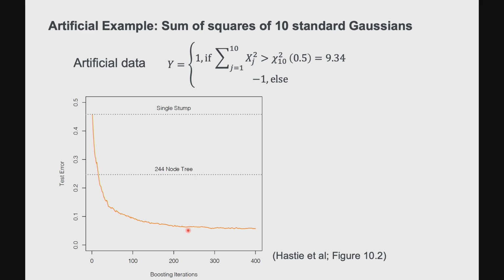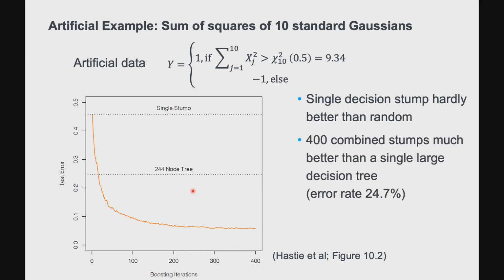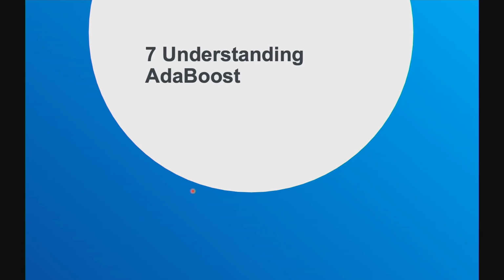With 244 iterations in our boosting, we do much better than the corresponding decision tree. So what we see is the single decision stump is hardly better than random, but these combined stumps are much better. Okay, so how and why does this work?